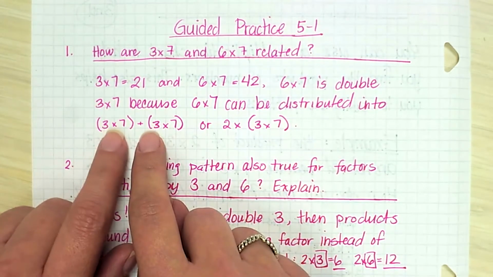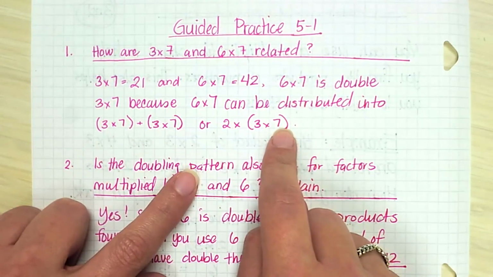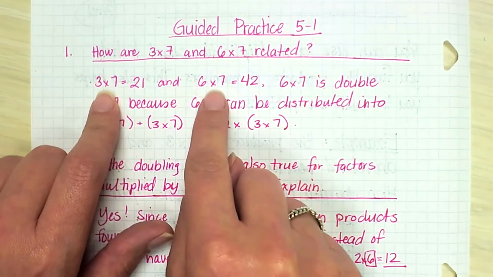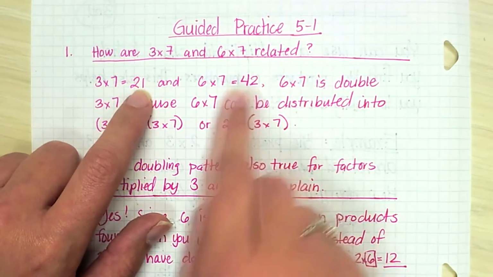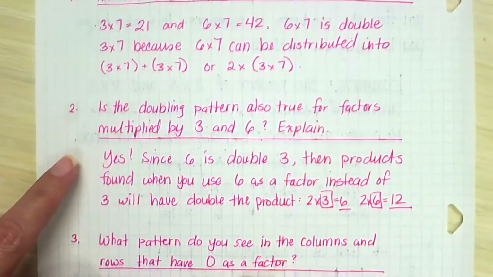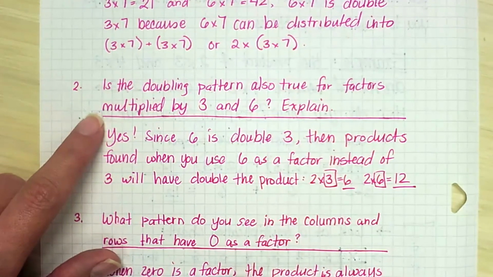If I break it apart into 3 times 7 plus 3 times 7, or 2 times 3 times 7, I know 3 times 7 is 21, and 6 times 7 is 42. We know 42 is twice as much as 21. It's double.